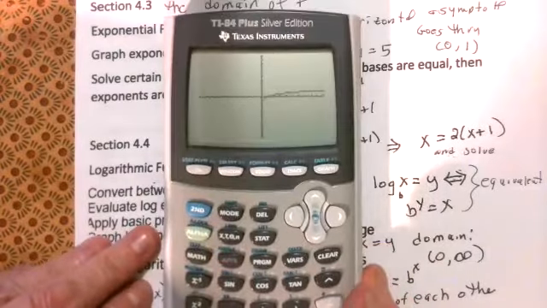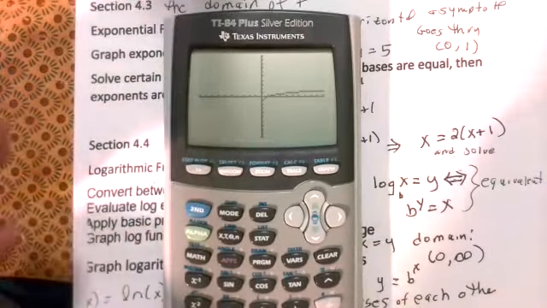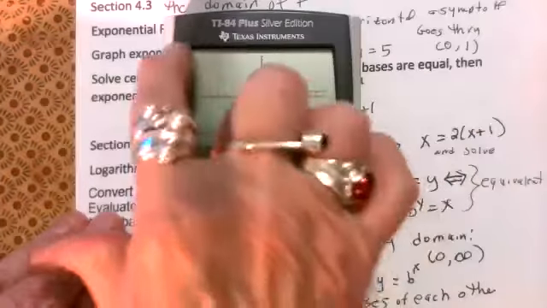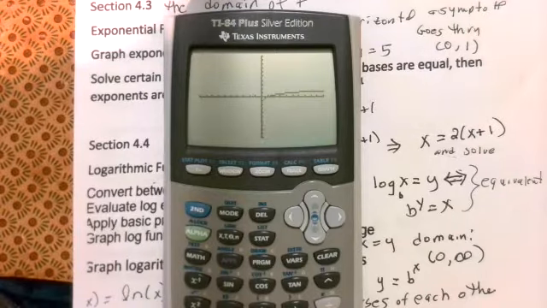TI-89s are like having access to a computer. They'll just compute things for you. This is the calculator that you should have for the class. The TI-84 and TI-83 are okay. I'm sorry if you didn't know that.